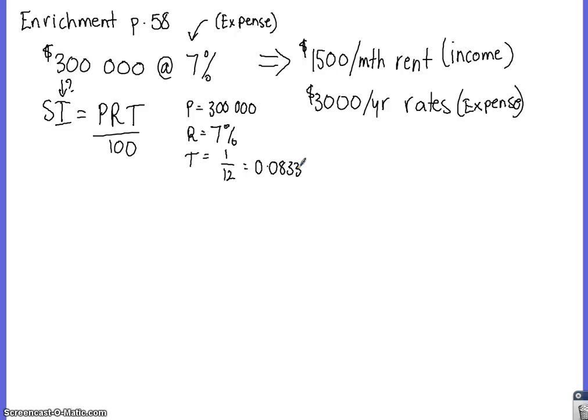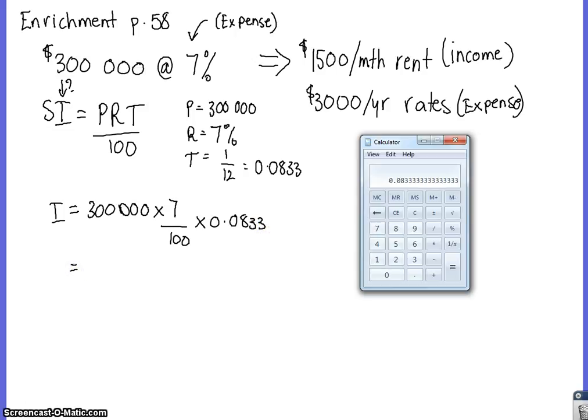You alright with that, the 3 of you or the 4 of you that I'm talking to? Yep. So the interest will be 300,000 times by the 7 divide 100 times by 0.0833. And so 300,000 times 0.07 times 0.0833, as many threes as we want.